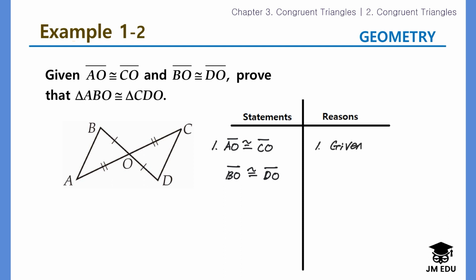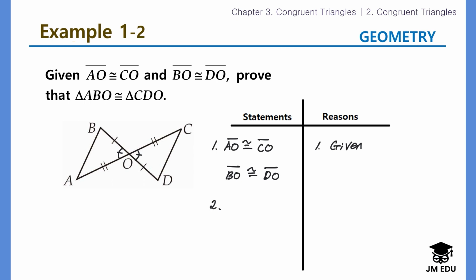Number two, when we look at this triangle right here and this triangle right here, we have an intersecting point, right? The intersection of these two segments. So we know that this angle right here is congruent to this angle right here. They're vertical angles, right?